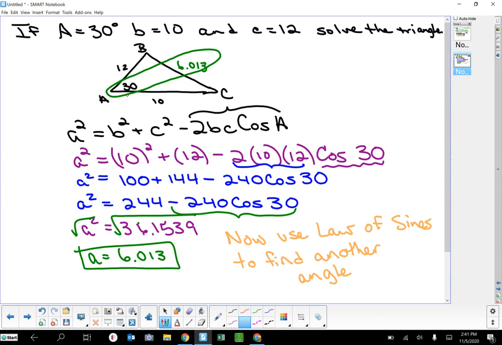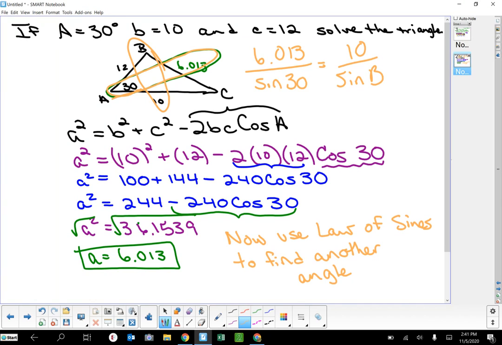So you could set it up and go 6.013 over the sine of 30 equals, maybe we'll do B, 10 over the sine of B, use law of sines and find angle B, and then you can just subtract from 180 to find C, right? So you would find another angle and then subtract to find the last one. So that's how you would solve a triangle when you have two sides and an included angle.